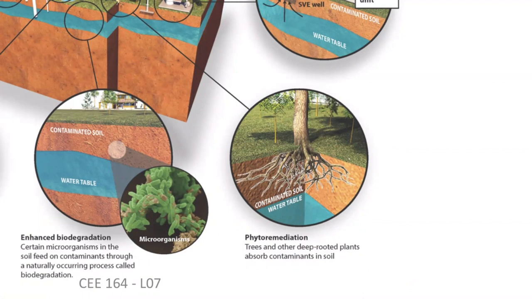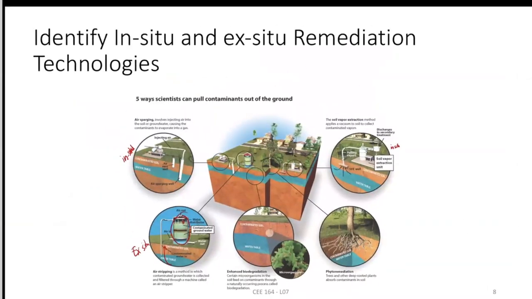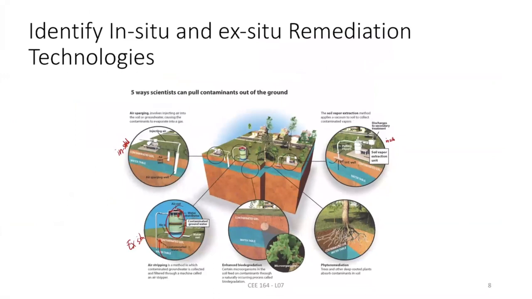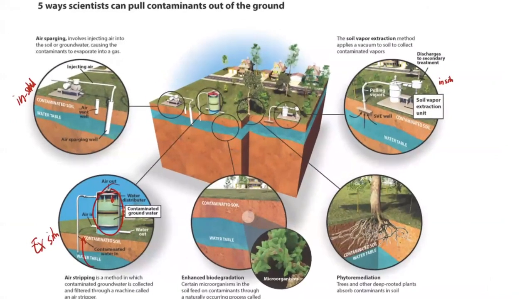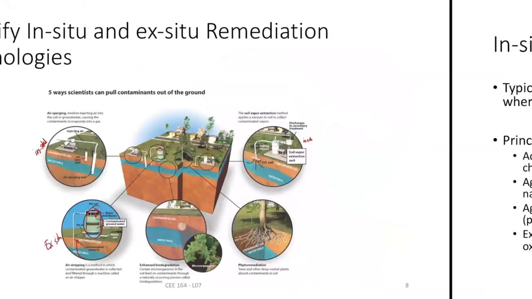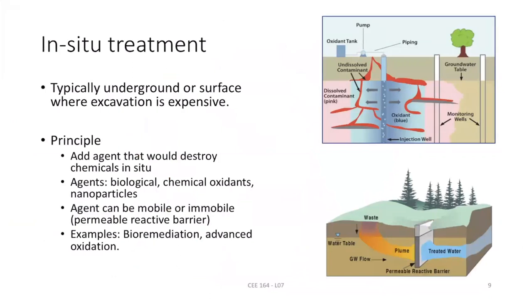So many of your projects will use these two technologies if you are looking at a contaminated site, because long-term decontamination is mostly done by these two technologies. If it is very highly polluted and plants cannot grow or bacteria cannot survive, then obviously you need some chemical or other method. So now you have learned how to identify whether something is in situ or ex situ, and based on this process, you will develop an understanding of what method to use.